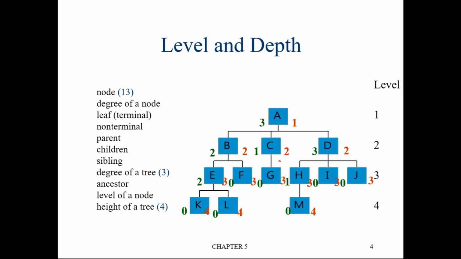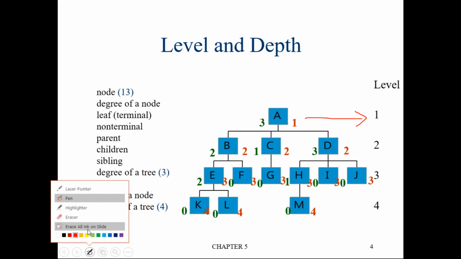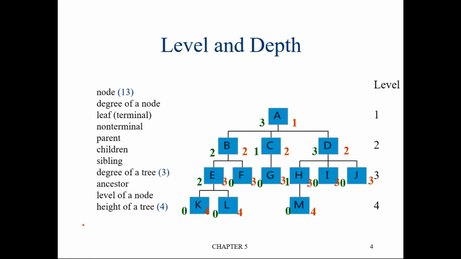If no such thing is given, then by default you should assume that the level of the root node is 1. Fine. Then height of a tree. What is the height of a tree?